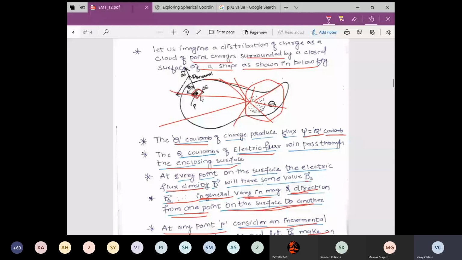For a closed surface, the unit vector normal to the surface is outward.